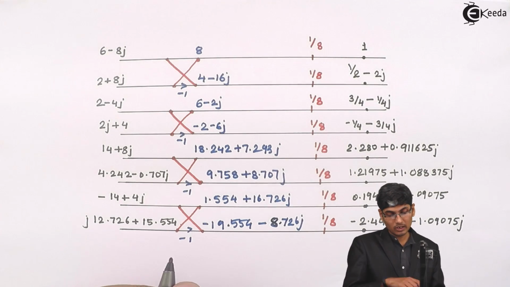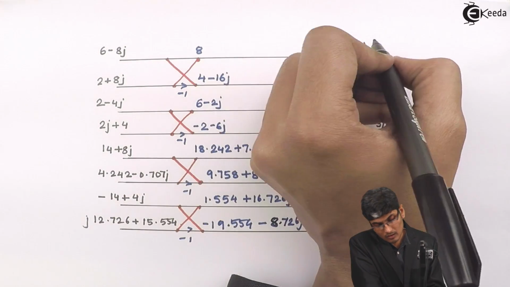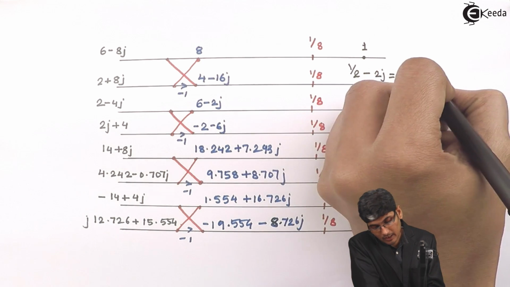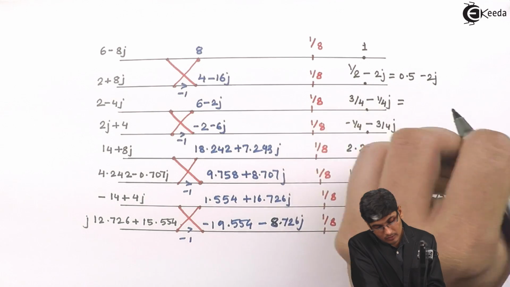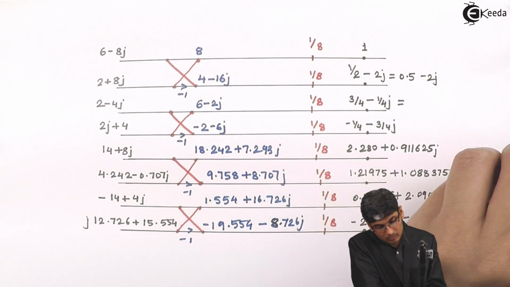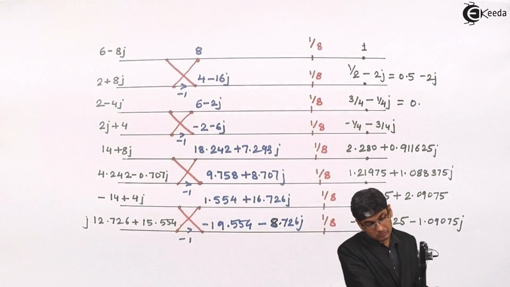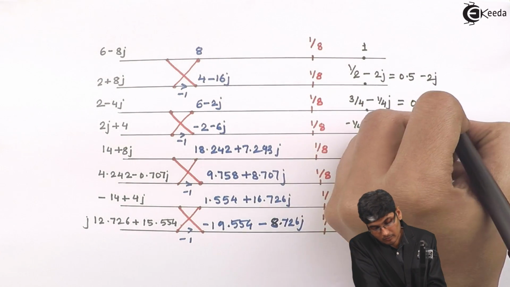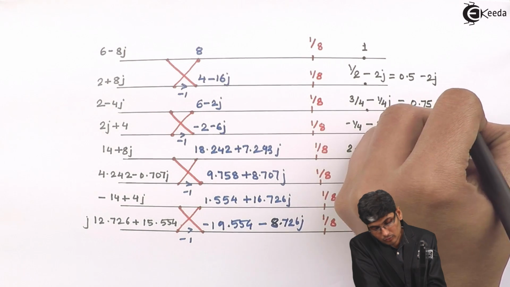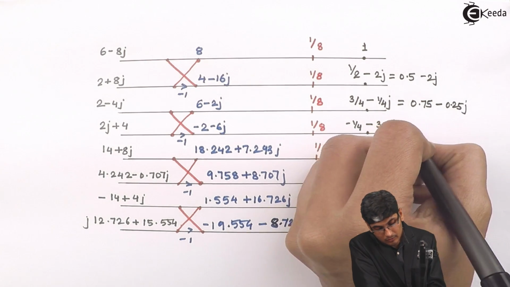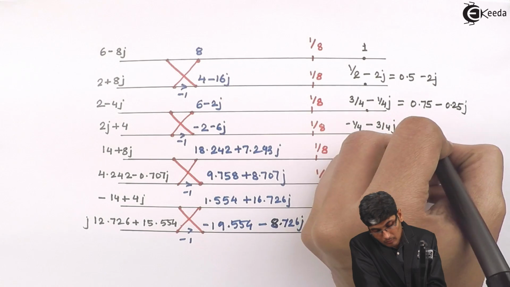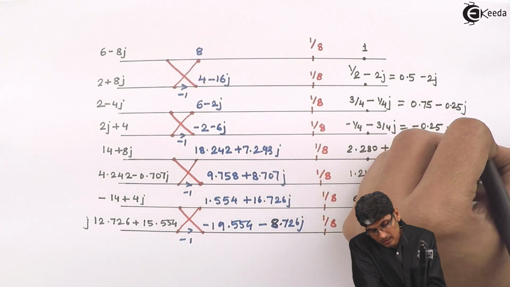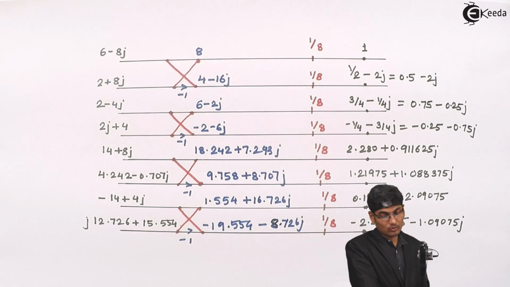So that is the final answer. If you want to keep all the values in point fractions, then it will be 0.5 minus 2j. Then this will be 0.75 minus 0.25j. Then this will be minus 0.25 minus 0.75j, and so on and so forth.